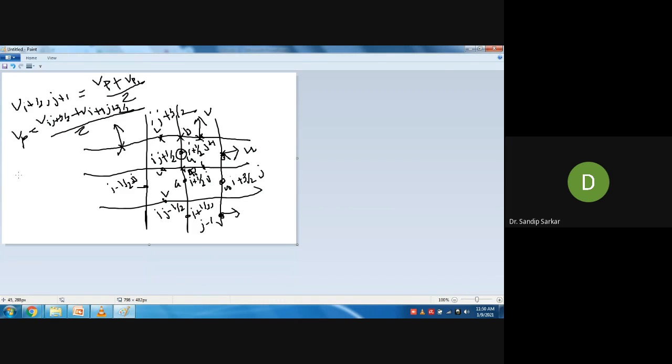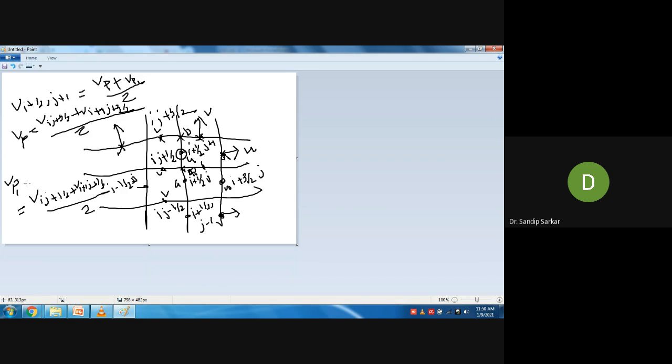Similarly, what about vp1? Vp1 is equal to v i j plus half, plus v i plus 1 j plus half, by 2.